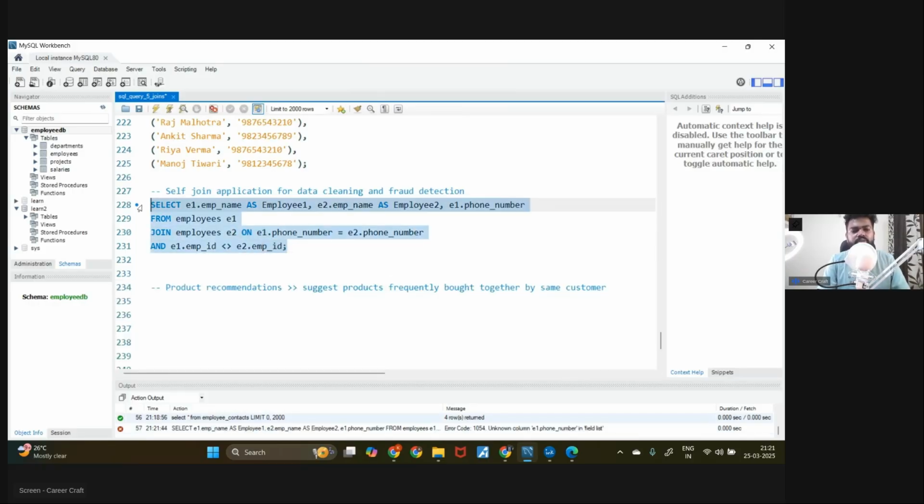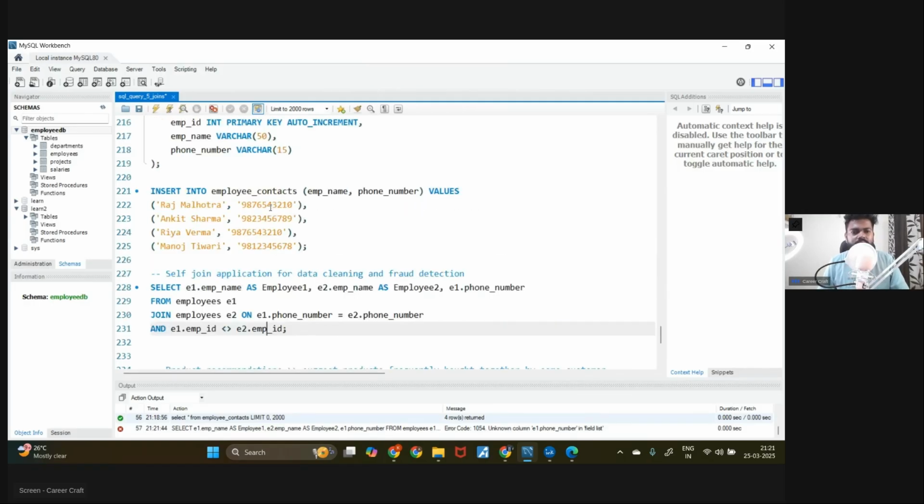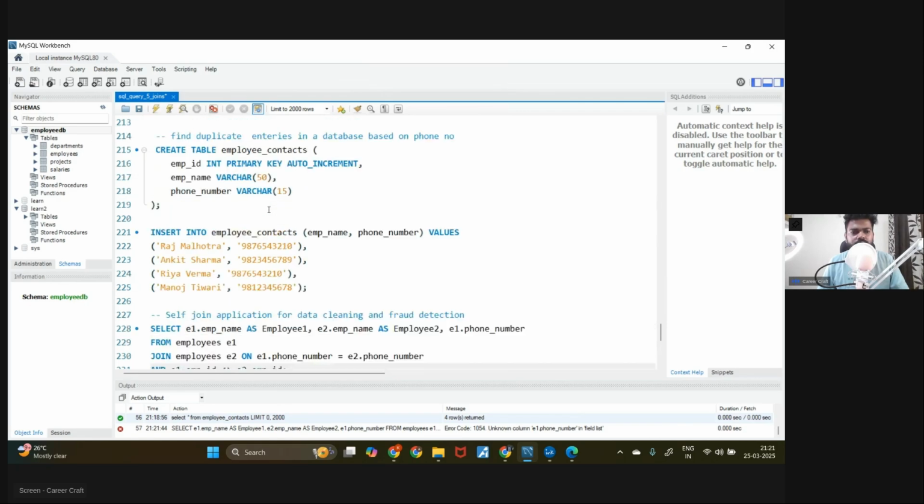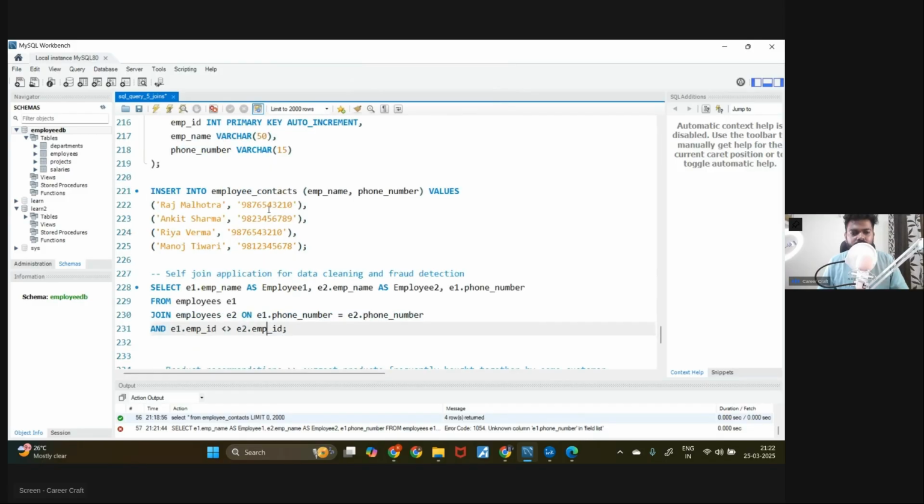Now if you just execute this, that is phone number. Select e1.employee_id, e1.employee_name as employee, e2.employee_name as employee 2, e1.phone_number.